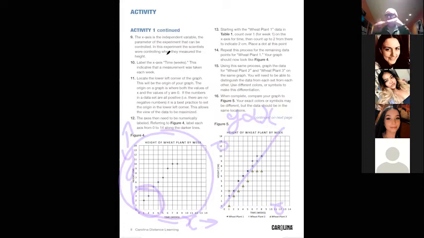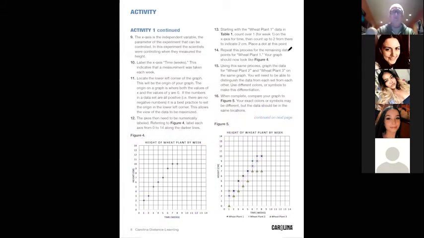If for every change in X, Y goes up by 2 times that, we would have a straight line. Or for every time X changes, Y goes up 4 times that, and you'd have a straight line, but it would be a little steeper. But if you got something that looked like this, or like this, that's not a linear relationship.